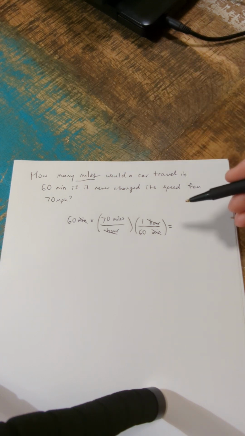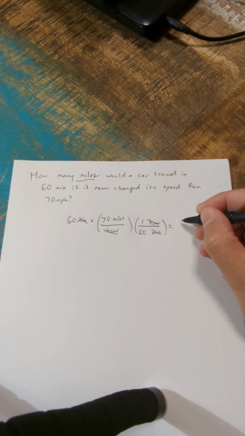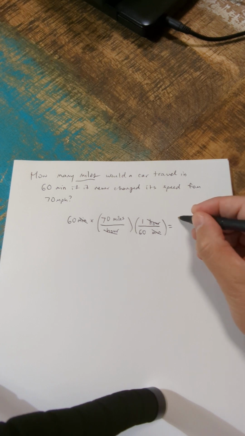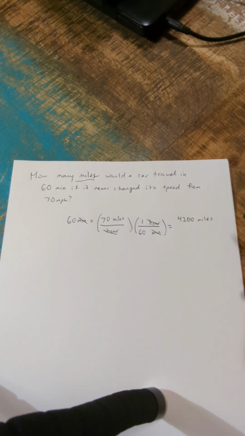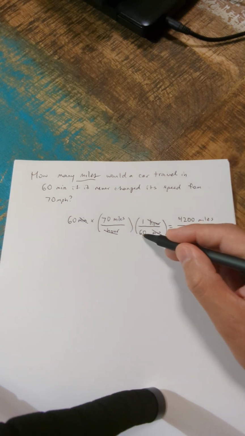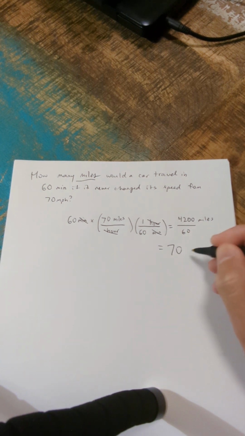At this point, it is simply multiplication. So we multiply across, 60 times 70 equals 4,200. Keep the units, miles, and then we have to divide by 60, because 60 is still down here. And the answer is 70 miles.